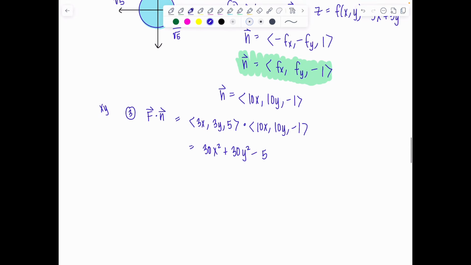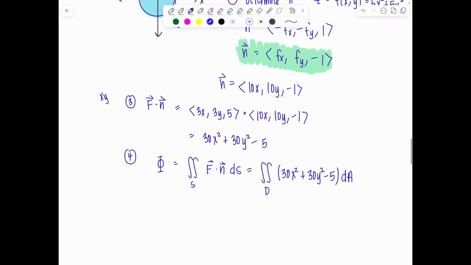Perfect. Now we integrate. So flux is going to be the double integral over S of f dot n dS, which is the double integral over D of 30x squared plus 30y squared minus 5 dA. But are we actually going to integrate over the xy plane? We're going to switch to polar coordinates.